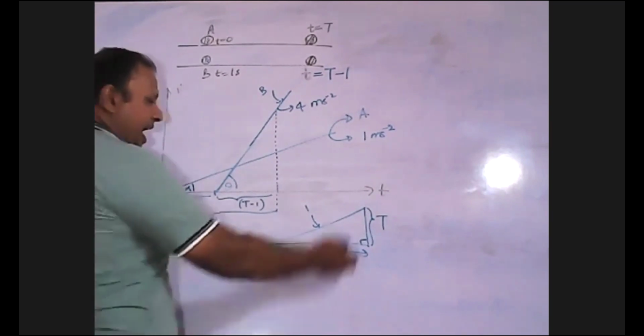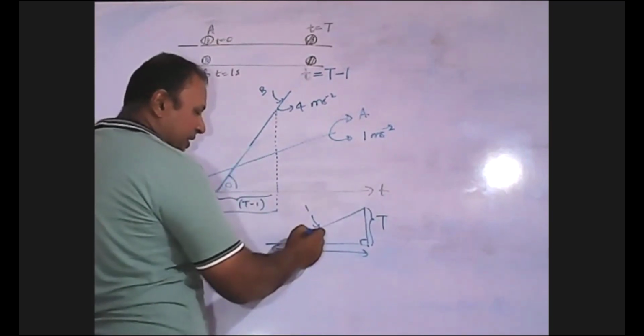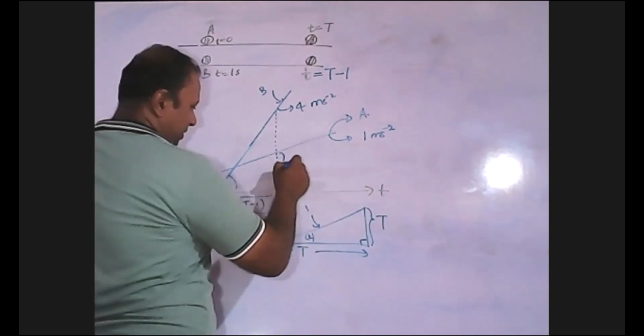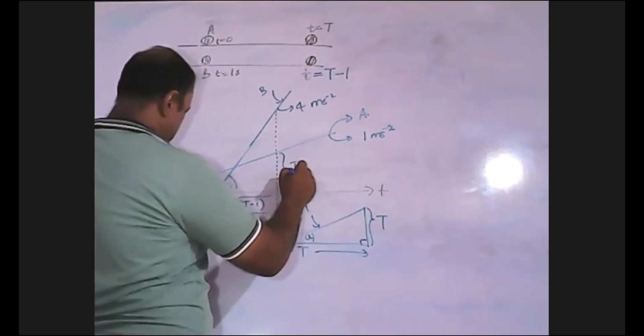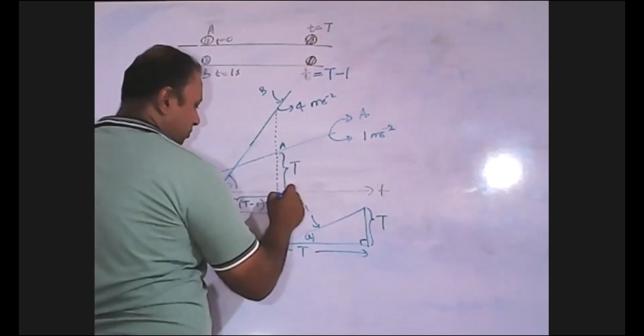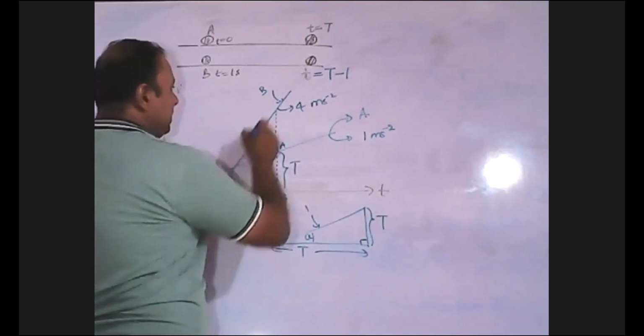Therefore, this height should be equal to capital T because tan theta is equal to 1. So this height should be capital T. O, A, B, C, D.